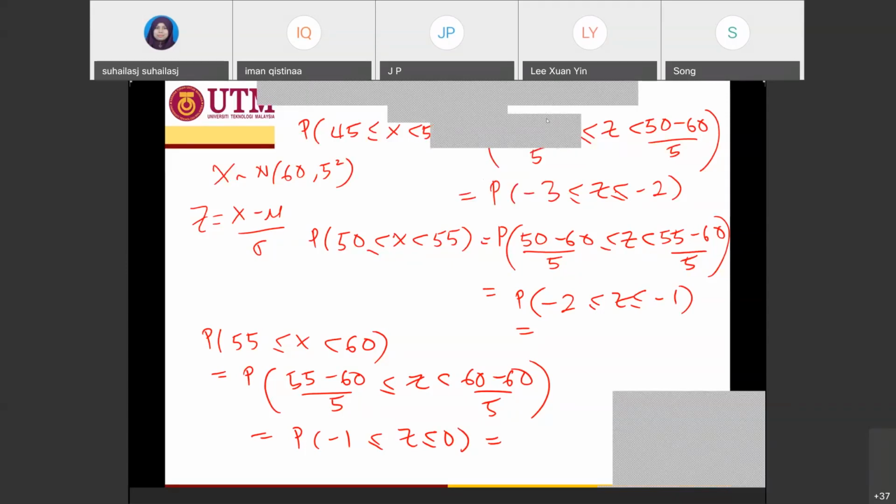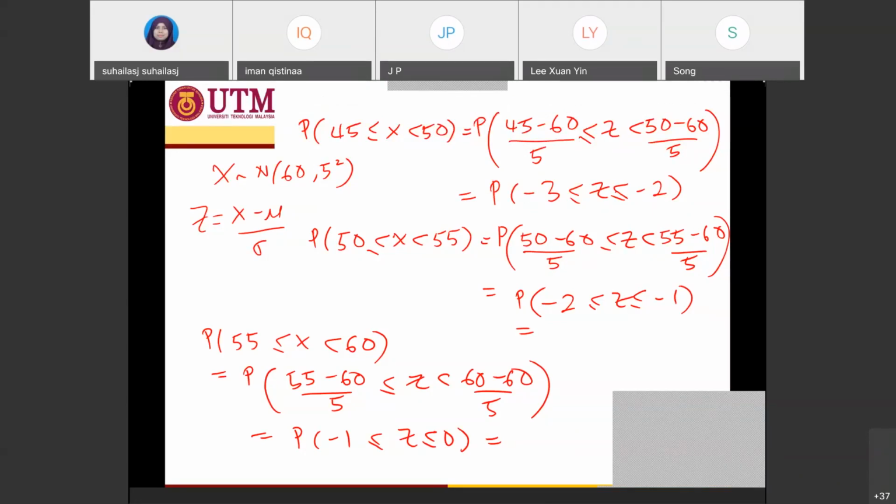Okay, the first value, the probability between minus 3 and minus 2. What is the answer? What is your Z value? Anyone? Does anyone have the calculation?